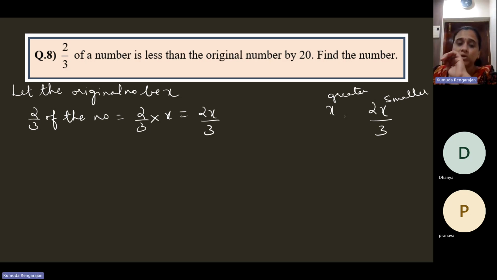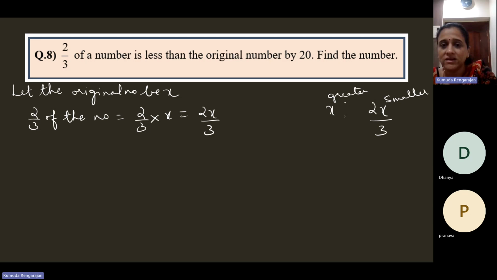So not to get confused, that number and original number, they're talking about that one number only. So x is greater, right? 2x by 3 is smaller because 2/3 of a number is less than the original number by 20.